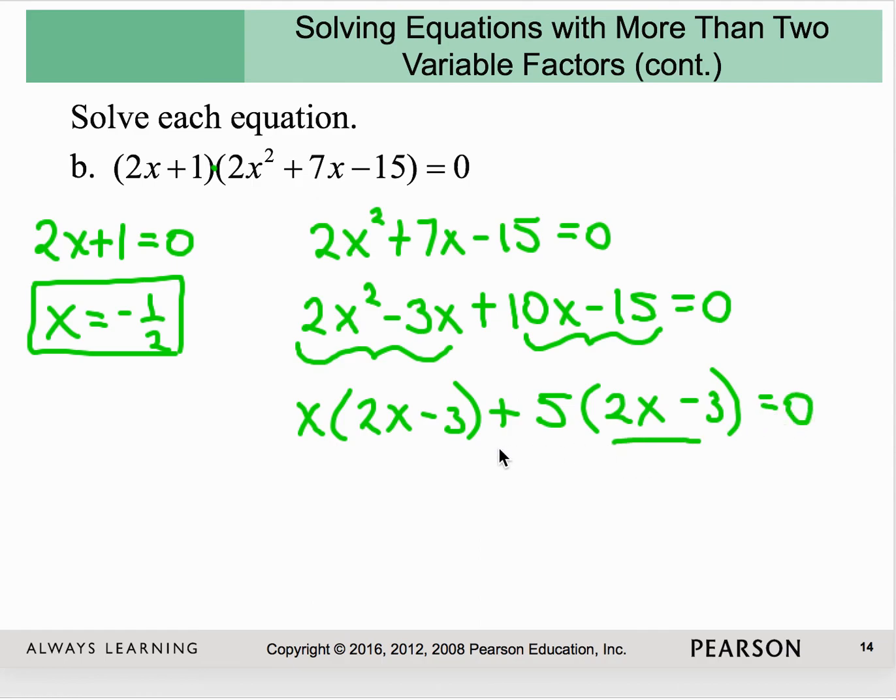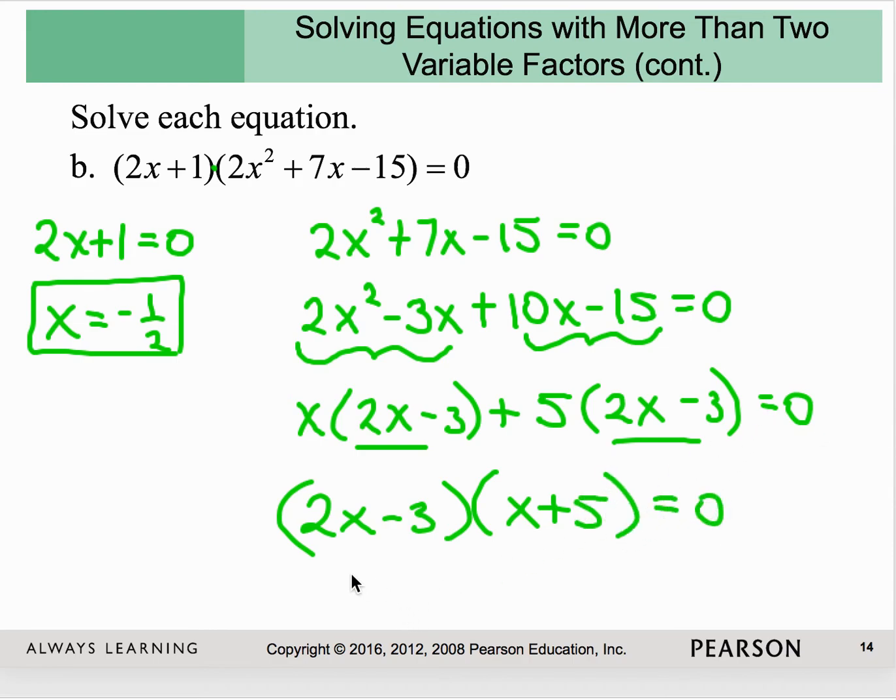So take out the 2x minus 3, and that leaves x plus 5 equals 0. So either 2x minus 3 equals 0, or x plus 5 equals 0.